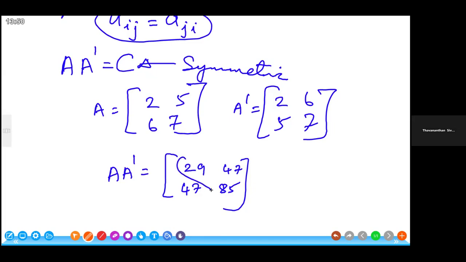So you see, this is the main diagonal. Off diagonals are symmetric. So this is symmetric.